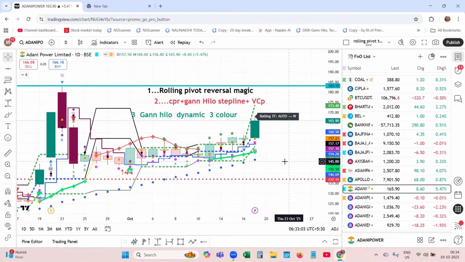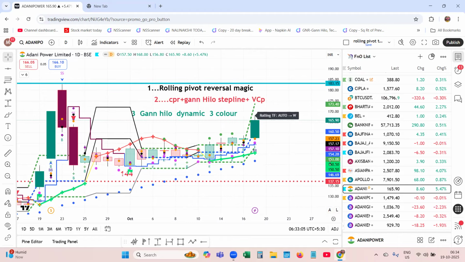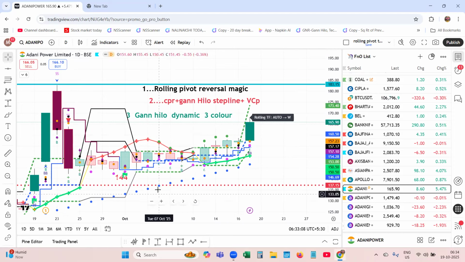And I was keenly observing this stock because it is in the uptrend, so it was the right entry for me. You can see the dynamic Gann Hilo 3 color. It was red. Even the shorter Gann Hilo, which goes with the CPR, was showing positive. This was mixed, indicating that it is in a range.